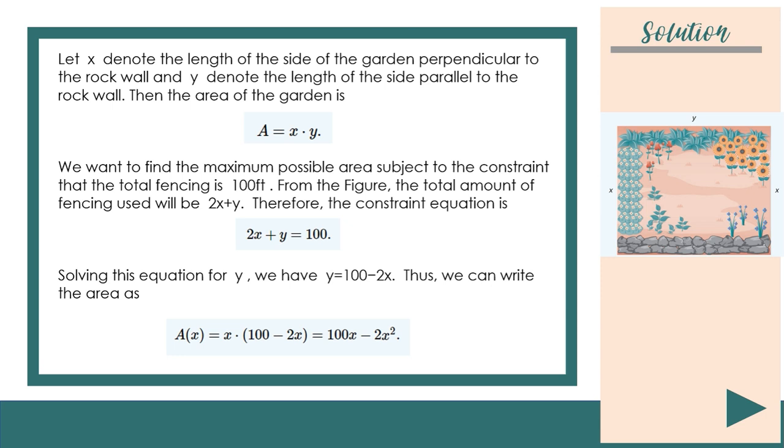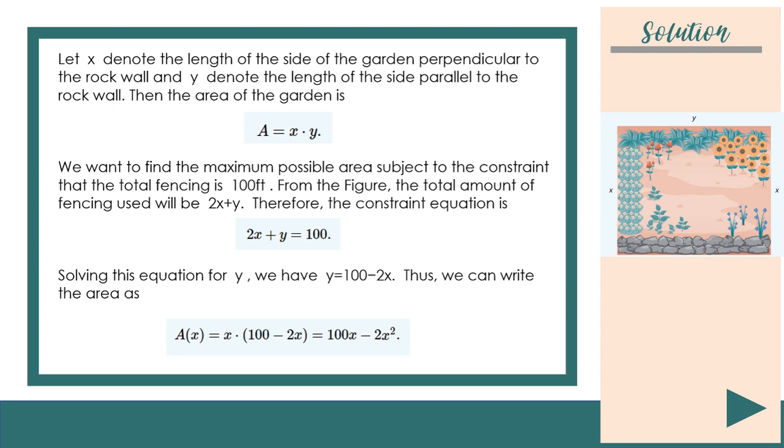Then the area of the garden will be, based on the figure, you have x here and you have y here. We want to find the maximum possible area subject to the constraint that the total fencing is 100 feet.